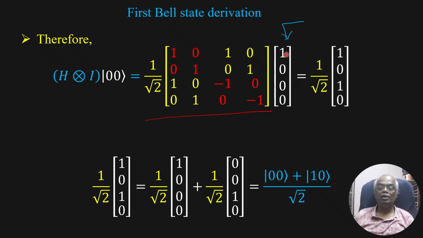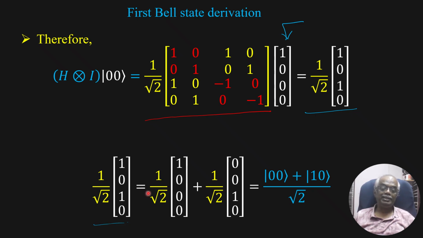Only the first row of this column matrix is nonzero. So naturally, if you multiply each row with this column, you will get only the entries where the first element is 1. So you get 1 over square root 2 times the column [1, 0, 1, 0]. Remember, you take only this result.